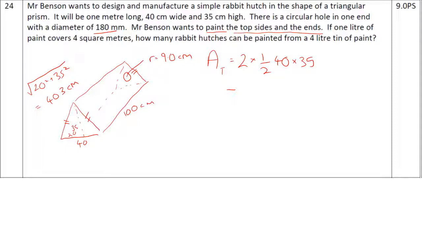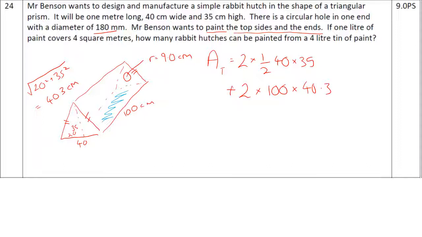I've got two sides that I'm painting because it says here that I've got to paint the top sides and the ends. So I'm not painting the bottom side. Even though it's a triangular prism with 3 sides, I'm actually not painting this bottom side here. So I've got 2 times, now the dimensions of each side, they're 100 long multiplied by 40.3, the dimension that we figured out earlier.